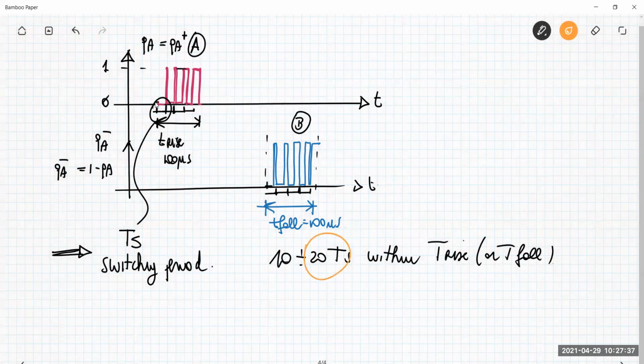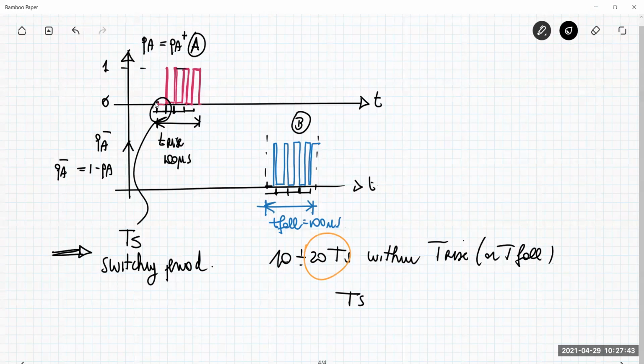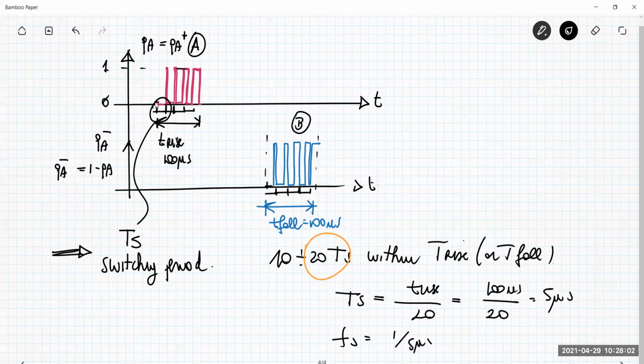If I choose 20 TS during T-rise, the switching period is T-rise over 20. So it is 100 microseconds over 20, which is 5 microseconds. It means that the switching frequency is 1 over 5 microseconds, which is 200 kilohertz.